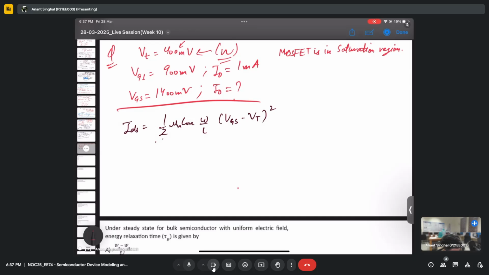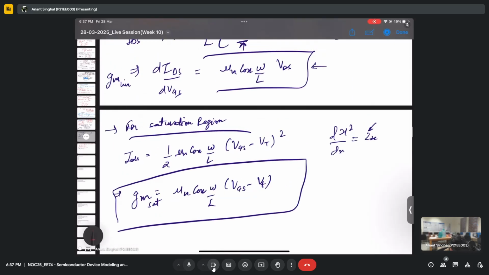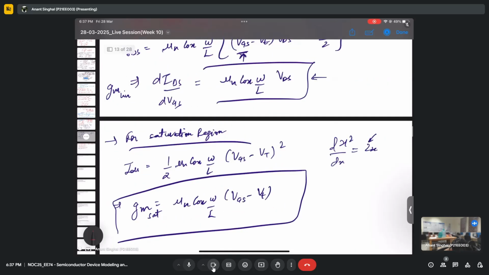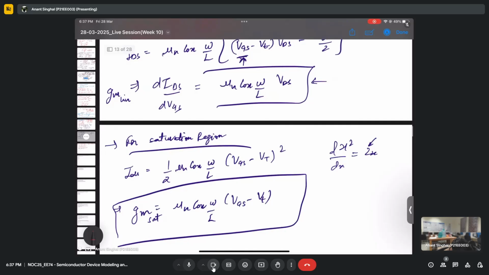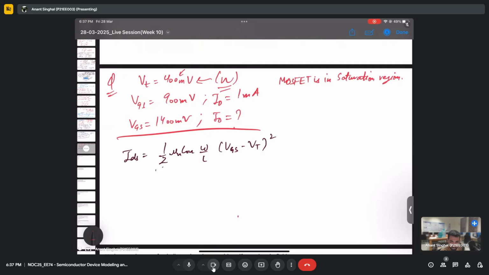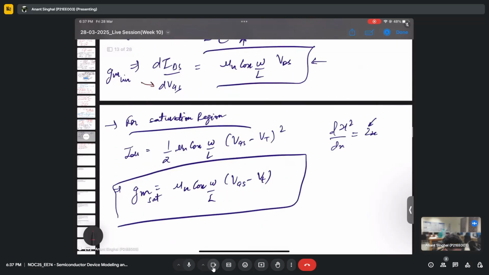First, we'll find GM from the first equation. I mean, this was not a problem of GM. I just wanted to find out the drain current. GM is a change in current with respect to voltage, so even if you want to calculate GM, there is no current term in it.